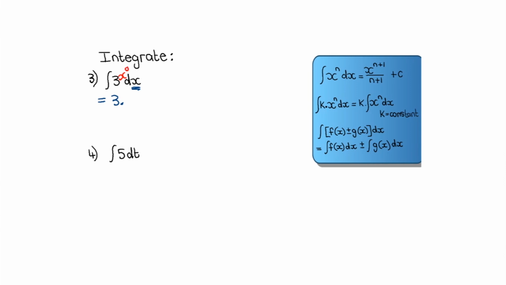But now I know what I can do. I can use this x to the power 0. I can write down what I have, then I add a 1, and then I have to divide by this new exponent, which is actually 1, plus the constant. Let's simplify what I have just done. It will be 3x to the power 1 plus the constant.